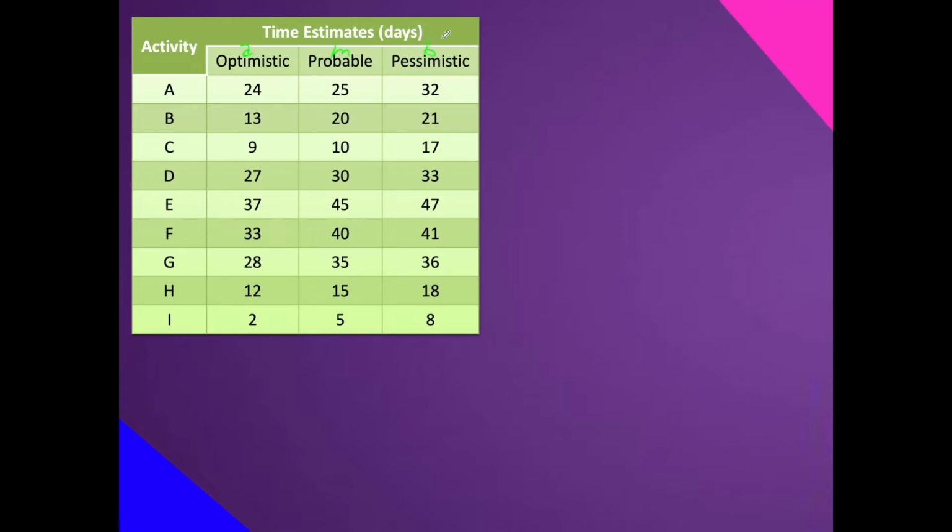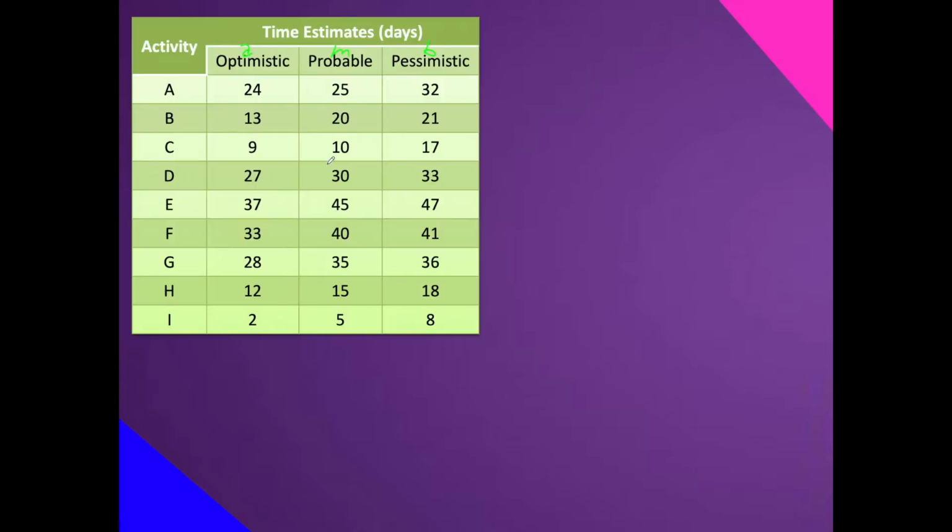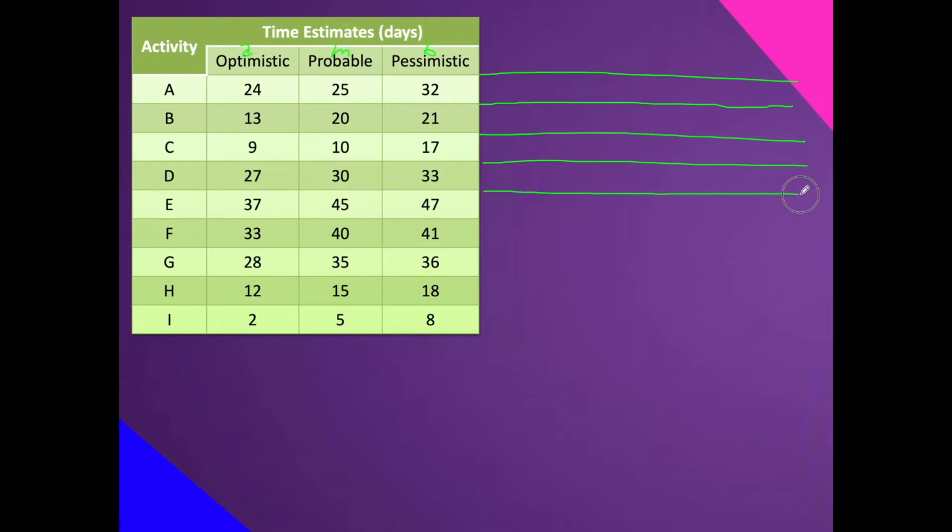Then this is B. So, A plus 4M plus B, divided by 6. Let's extend these lines first.